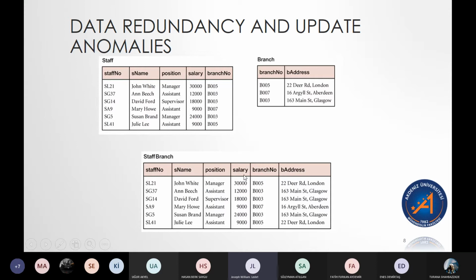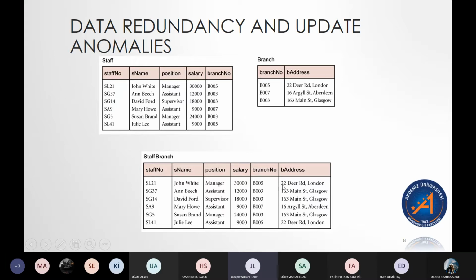We talked about this, where let's say we had this staff branch relation, where notice that for B005, this 22 Deer Road, London, shows up twice. And that's okay. Two people work at the same branch. That makes sense, right? But what happens if somebody were to type into this address field something else, like accidentally 23 Deer Road, London, like they tapped the wrong button on their smartphone?